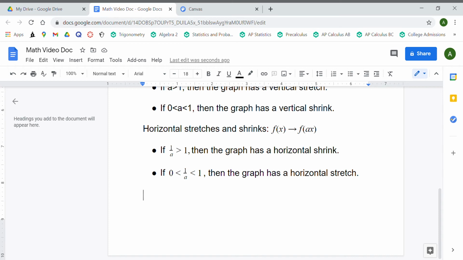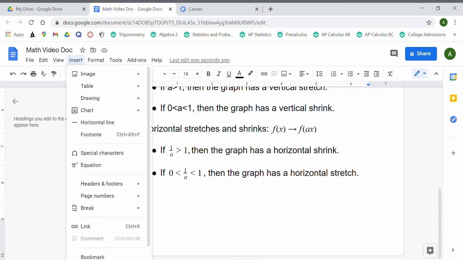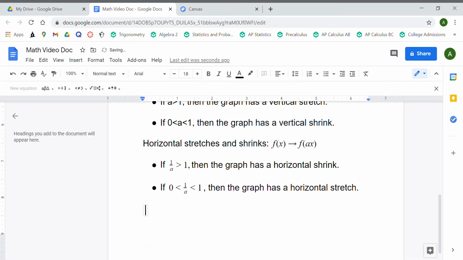So I'm going to show you what the equation would look like. It would be f of x, function notation, equals a times the absolute value of x minus h, plus k.